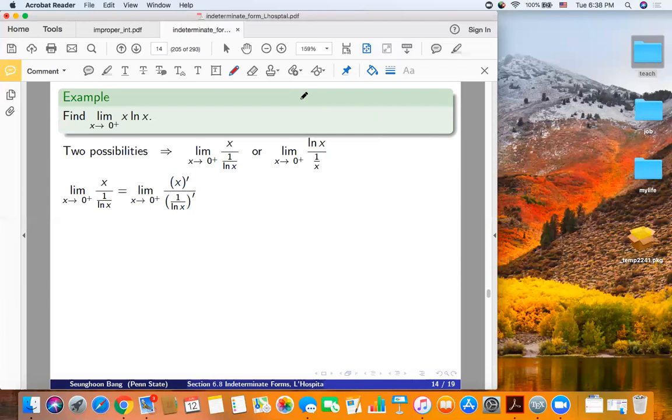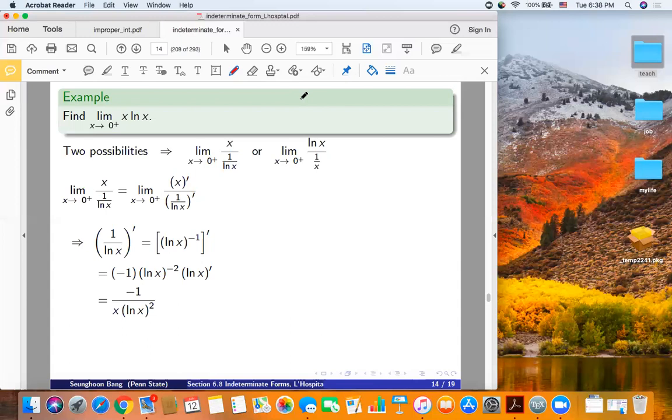The x prime, I can calculate together with the 1 over ln of x prime. You can change it to ln of x to the minus 1, prime. You can use the power rule: minus 1 comes down, minus 1 times ln of x to the power minus 1 times the inner function ln of x prime. ln of x prime is 1 over x.